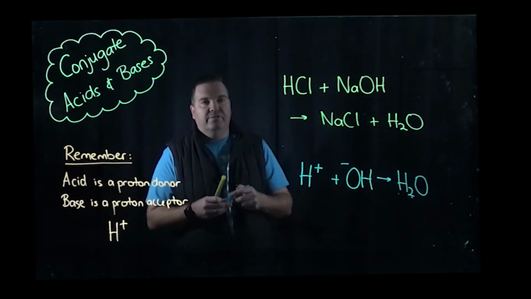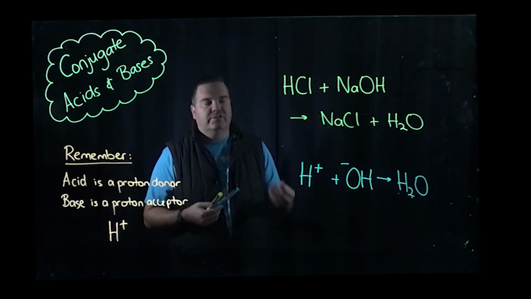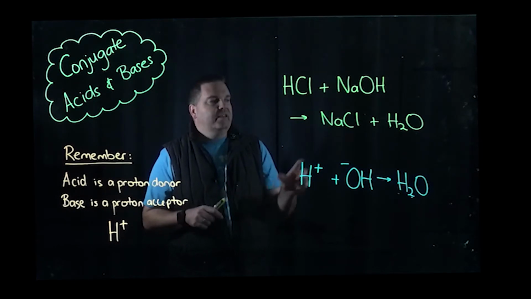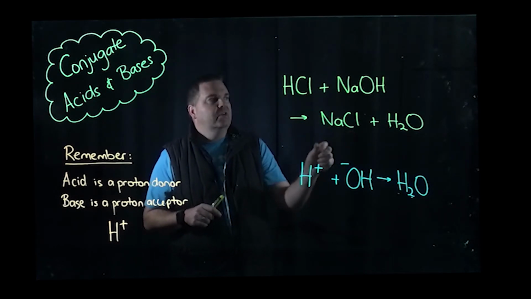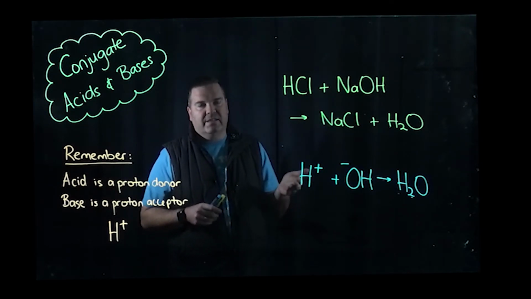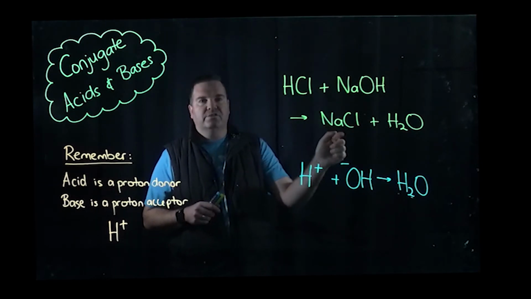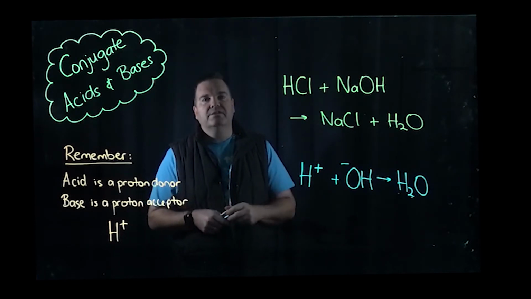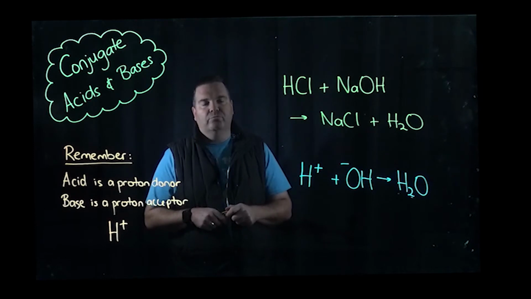So it doesn't matter if it's hydrochloric acid, sulfuric acid, nitric acid, whatever. All that other part, that spectator ion, does is create salt. Same with the base. Doesn't matter what the cation is, what the metal is that's in our base, that just reacts to form the salt as well. They're sometimes called spectator ions because they don't really impact what's happening in the overall reaction.